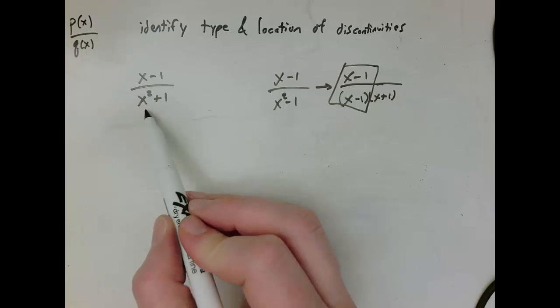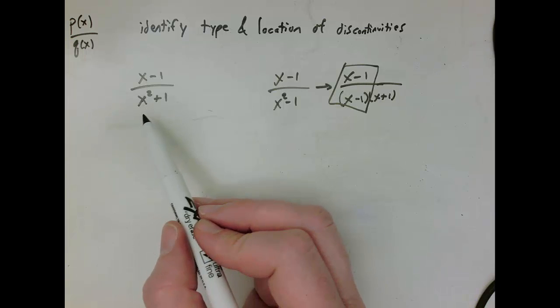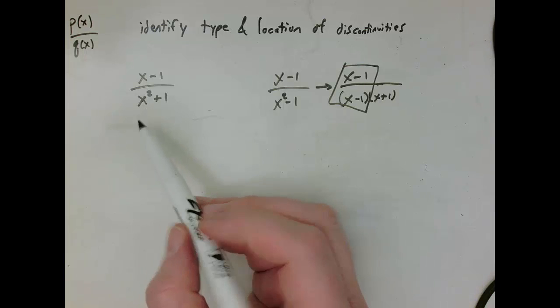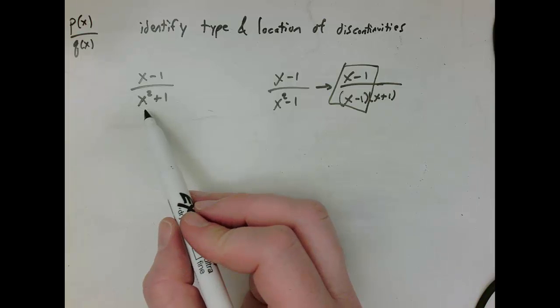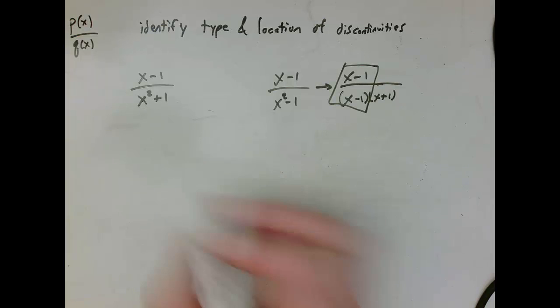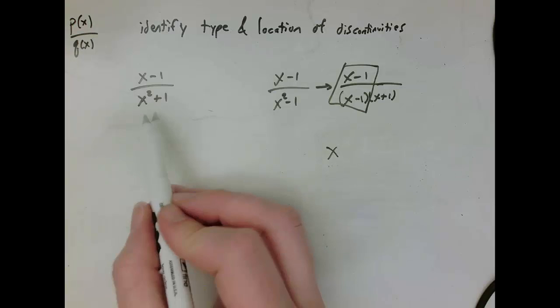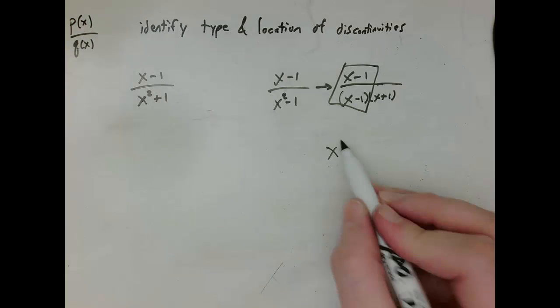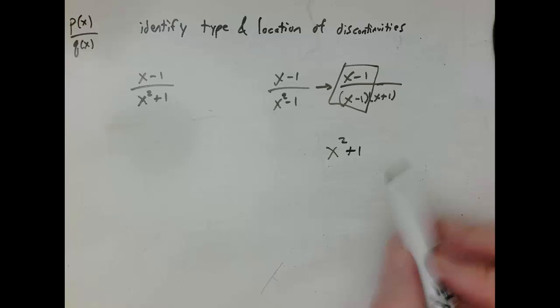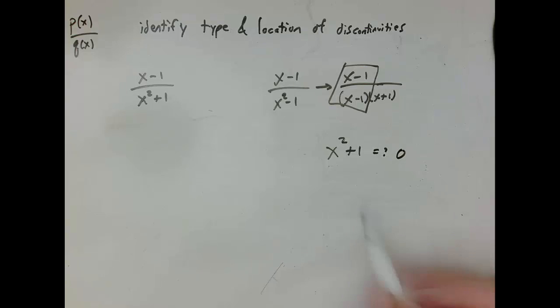In this example, the denominator doesn't factor over the real numbers, because all of the roots are complex values. And you can see that very clearly if you ask yourself, when would the denominator equal 0? When would it be true that x squared plus 1 equals 0? And if you solve for it, you've got x equals plus or minus root of negative 1, which is the same thing as plus or minus i.